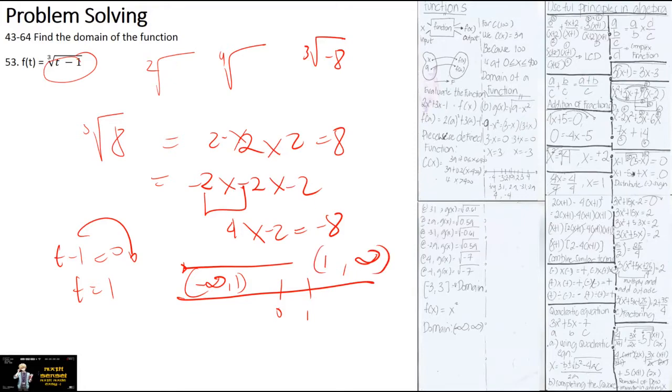Ito naman, negative 1.1, substitute it here, mayroon ka pa rin makukuha ang value sa calculator, so that's okay. So okay ito. So lumalabas negative infinity to 1 union 1 to infinity. Kasali yung 1? Yes, kasi pag sinubstitute mo yung 1, magiging 0 yan.